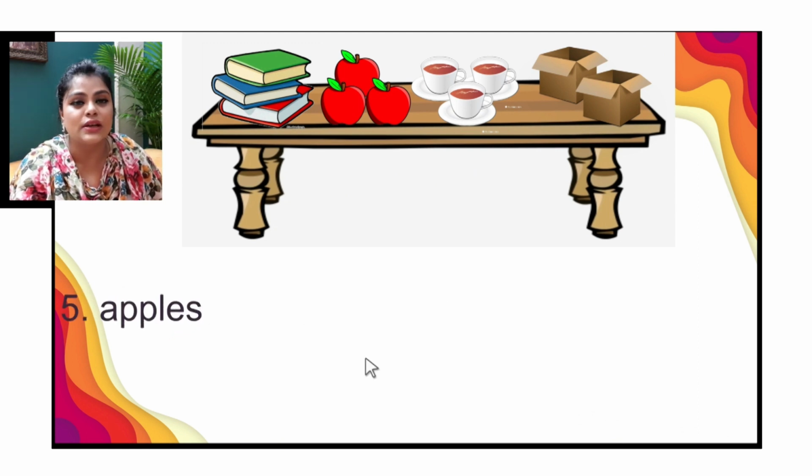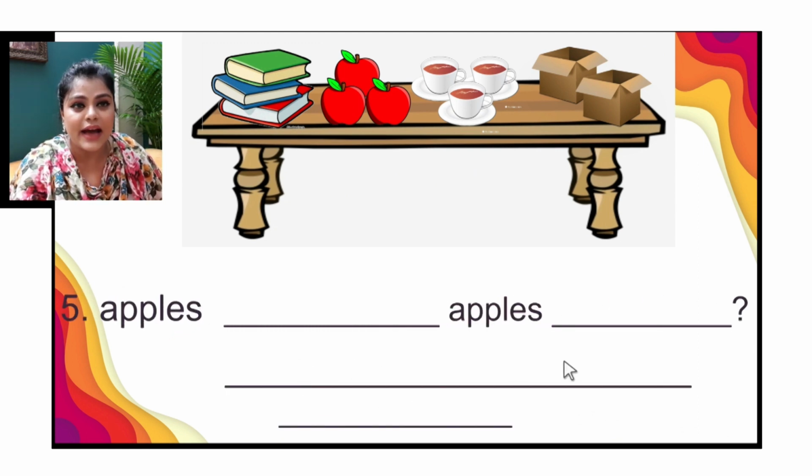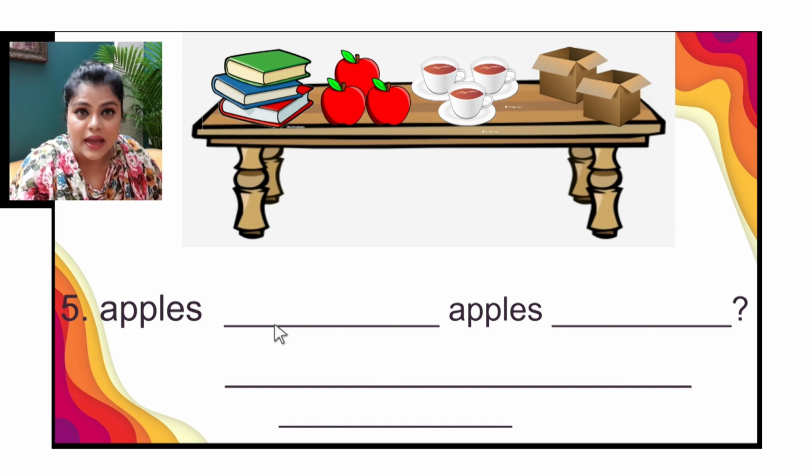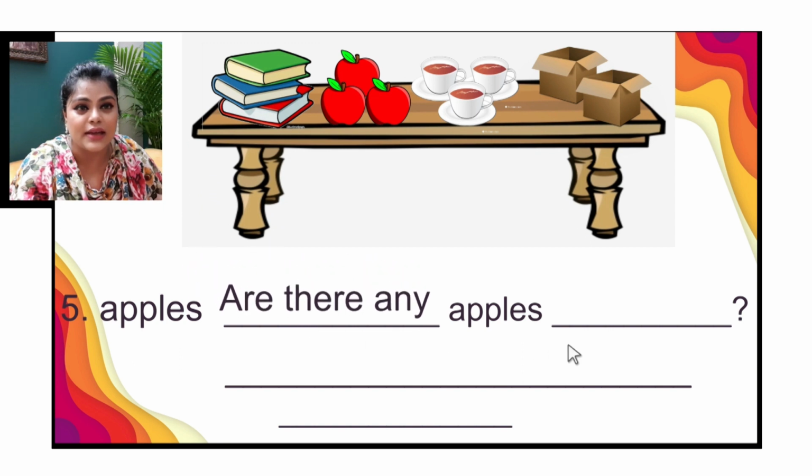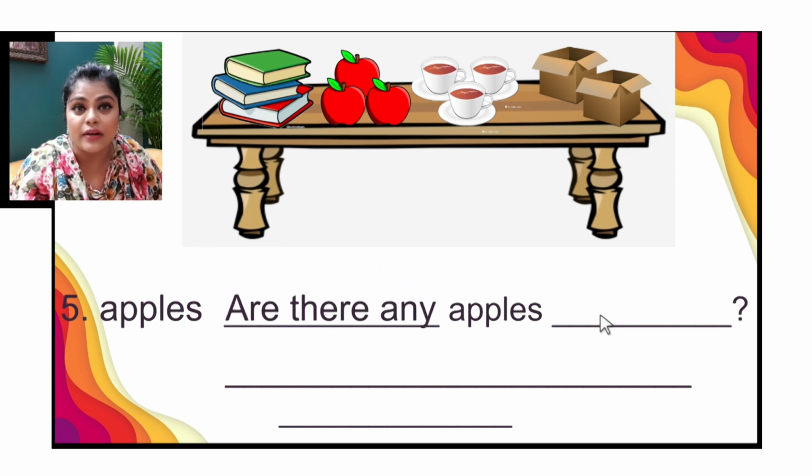Apples. Now see the question here. Dash apples dash. Now complete the question first. Now tell me what will come here. Are there any apples? Very good. Are there any apples on where?